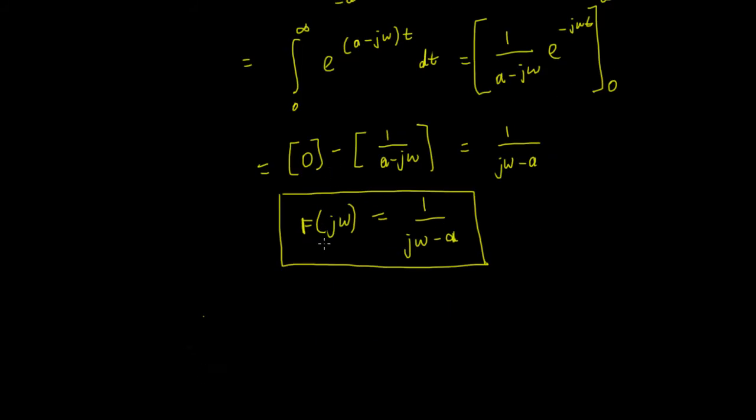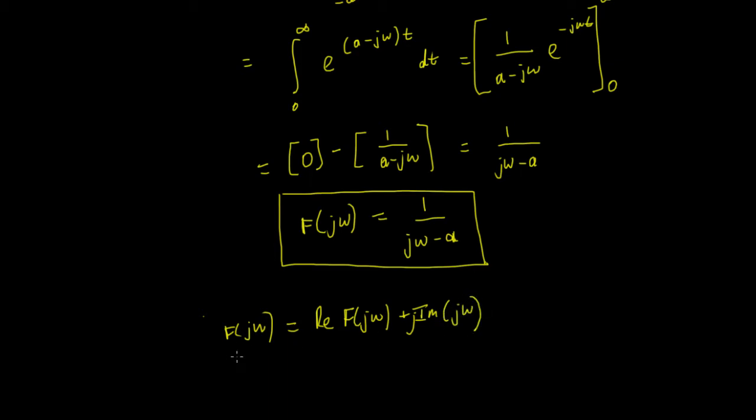So what we can do is we could generate the magnitude. If I say F of j omega is going to have a real part of F of j omega, and an imaginary part, so say j times the imaginary part of F of j omega.